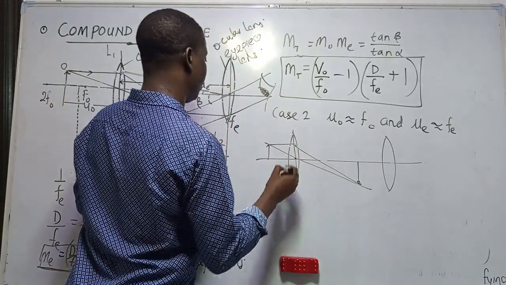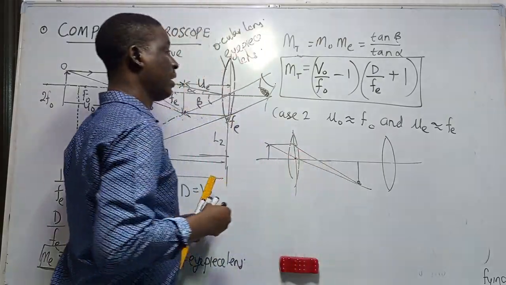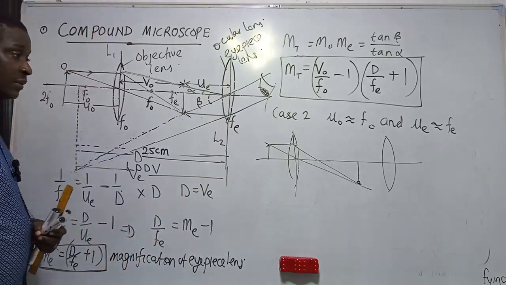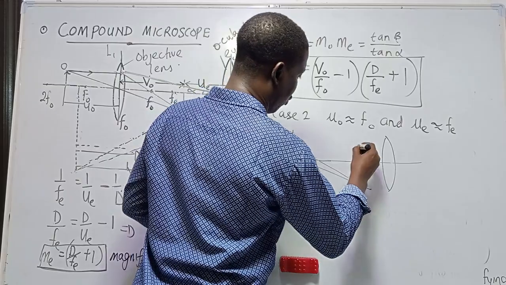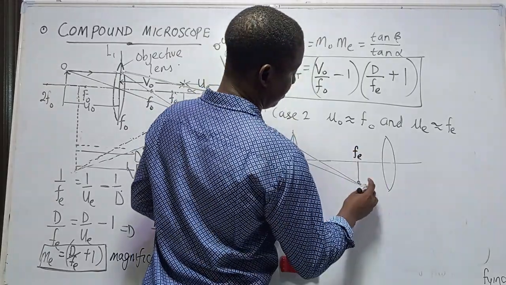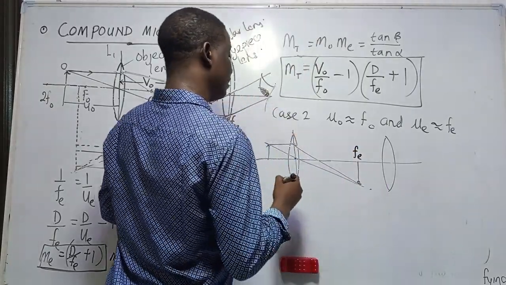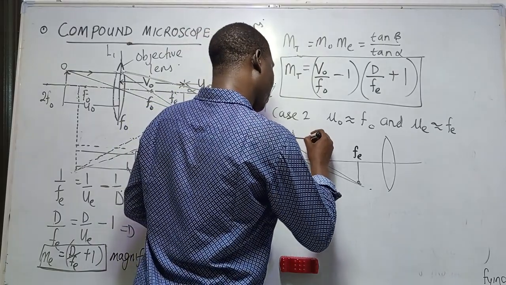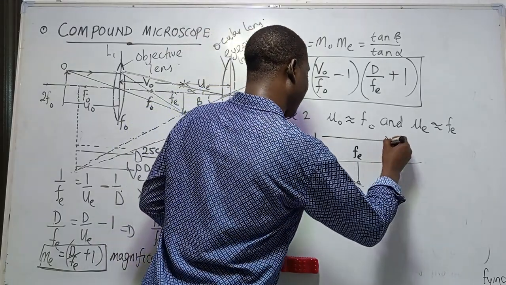It's a rough sketch anyway. Now let's say this particular one is at Fe. The length from here to this place is length L.